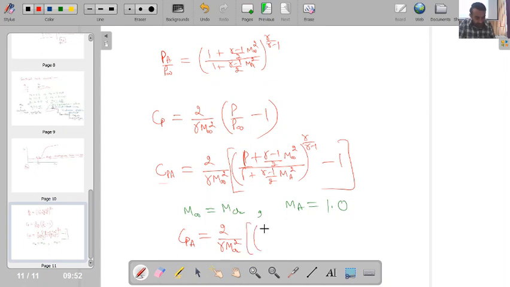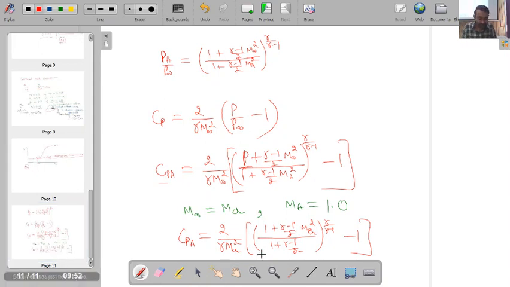So the critical pressure coefficient will become 2 by gamma M critical square into 1 plus gamma minus 1 by 2 M infinity square divided by 1 plus gamma minus 1 by 2, whole power gamma by gamma minus 1, minus 1. Sorry, this M infinity will also become M critical. Now if you see, this particular equation is a sole function of Mach number, because gamma for a particular medium will be constant.